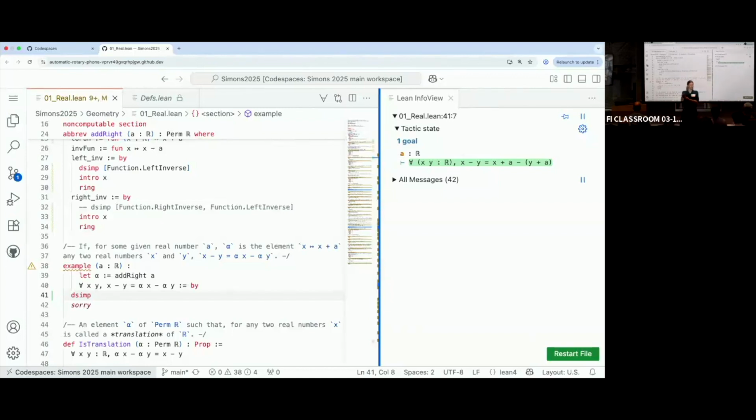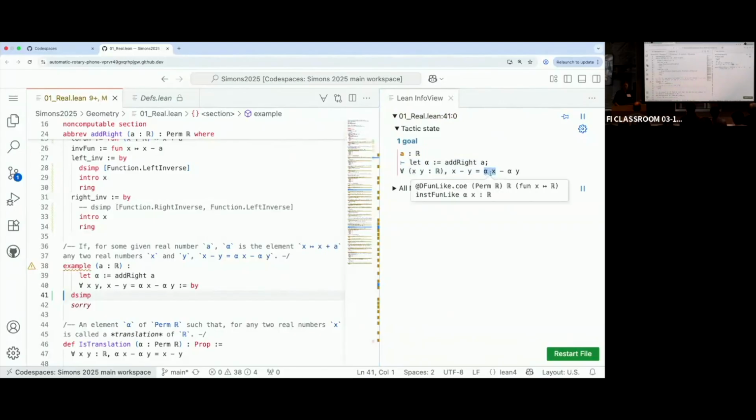So I don't understand because alpha is actually some kind of composite structure, right? But you treat it like a function. That is a very good question. Alpha here, you're quite right, is an element of the permutation group of the real numbers, but it is being applied to x.